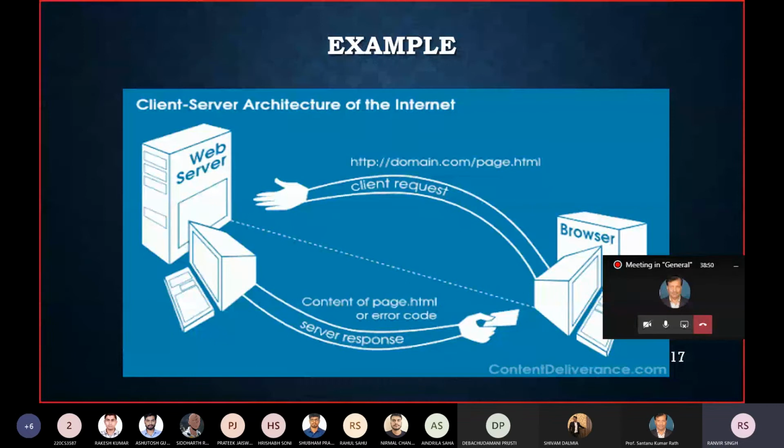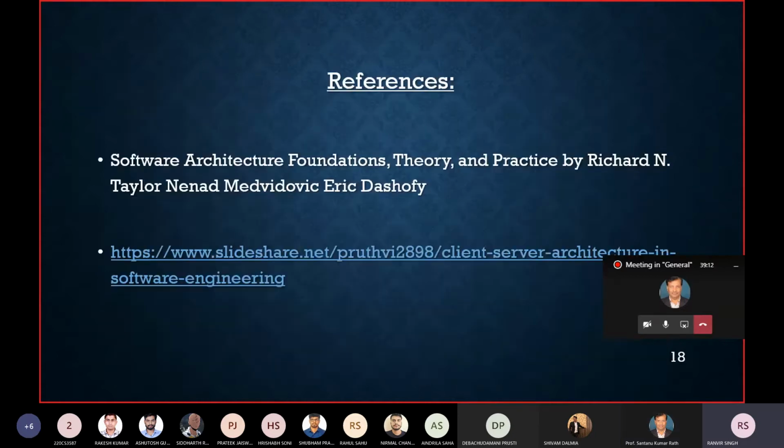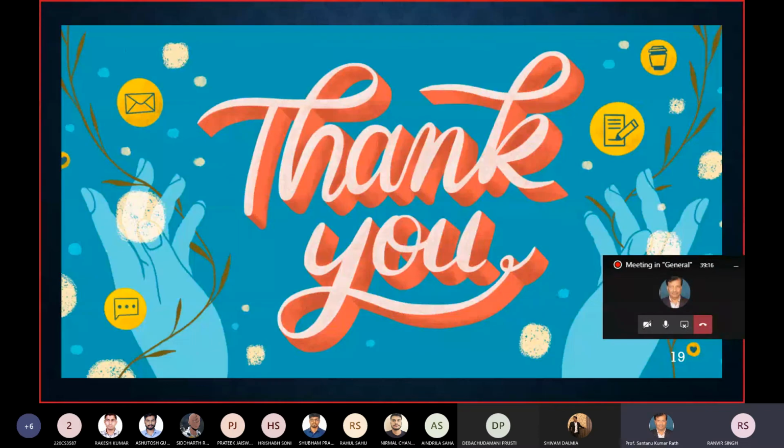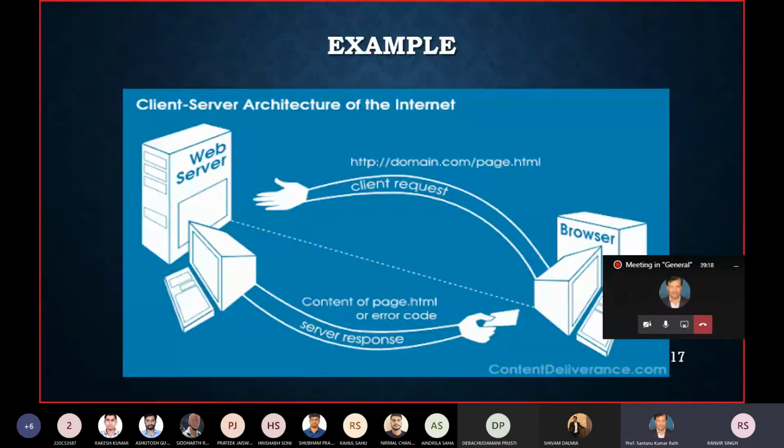That is the client request, and the web server gives the response, the content of page.html, or even an error code if that page is not available. So this is how client server architecture works on the internet. This is a basic example. So yes, thank you. This is all.